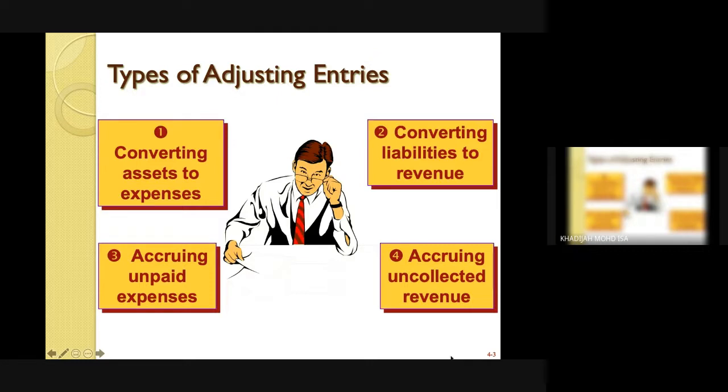Converting assets to expenses is just like when we did prepaid expenses just now. Converting liabilities to revenue is when you receive unearned revenue. Then we have accrued unpaid expenses and accrued uncollected revenue.